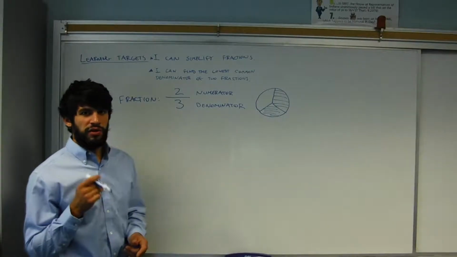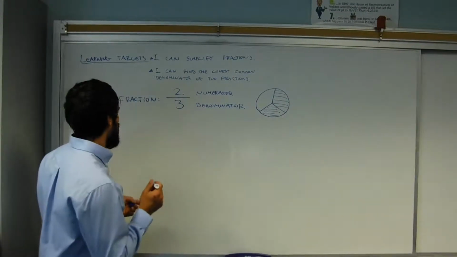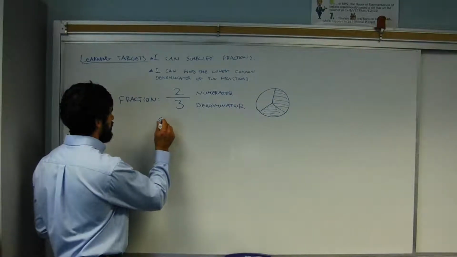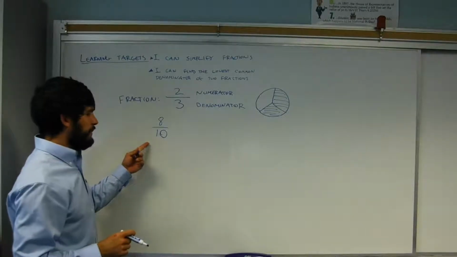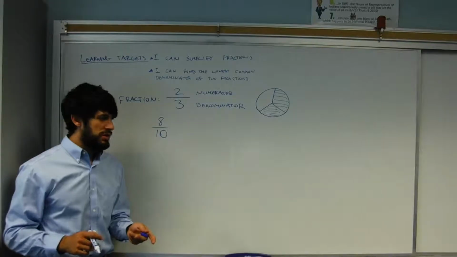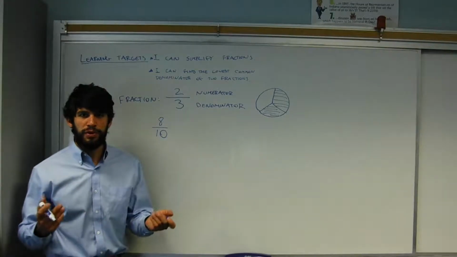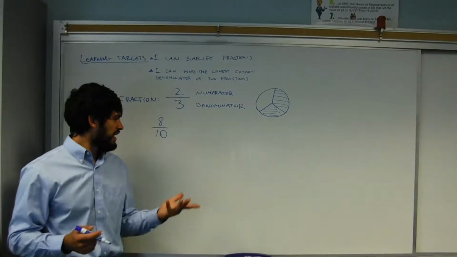The first thing I want to go over is simplifying fractions. So if we have some fraction like 8 over 10, there's a way to put this in what's called a more simplified form, which is how we want to put our answers to problems on math tests, homeworks, and stuff.